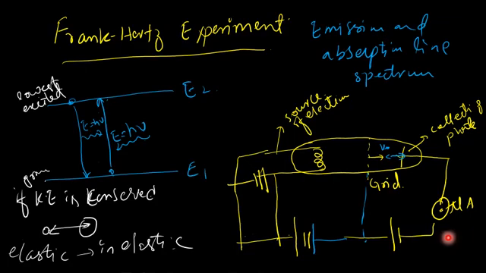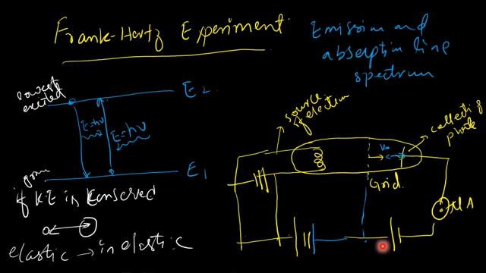When the accelerating voltage is raised, the plate current again increases, since now the electrons have enough energy to reach the plate. The plate current rises as more electrons reach the collecting plate as we increase the accelerating voltage.